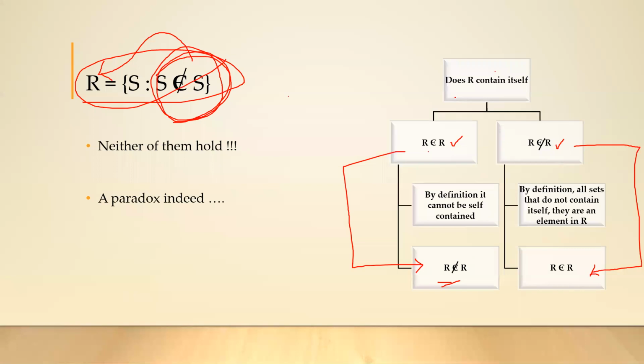It is indeed a paradox. You have no answer exactly for whether R can contain itself or R cannot contain itself. Very simple: such a thing does not exist. So this is Russell's paradox.